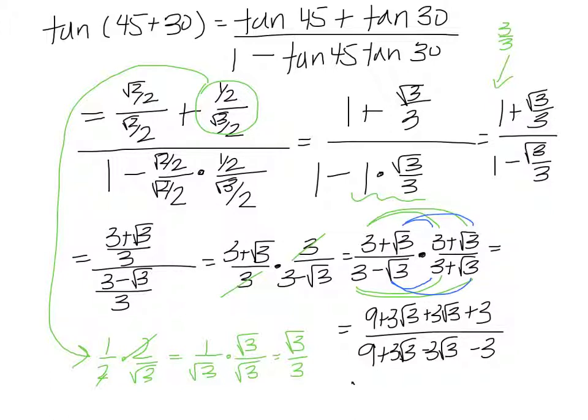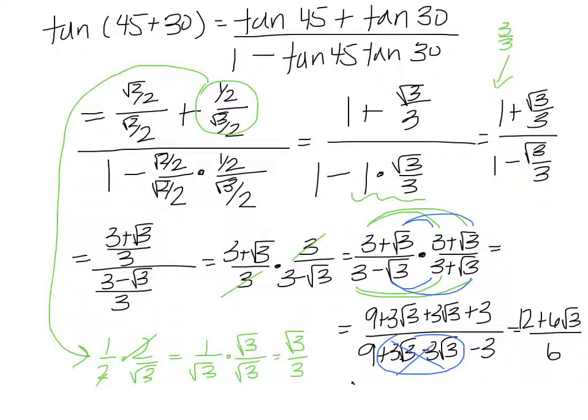So really, what do I have in the denominator? 9 minus 3 is 6. In the numerator, I've got a 9 plus 3. That's 12. And I've got a 3 root 3 plus 3 root 3, 6 root 3.